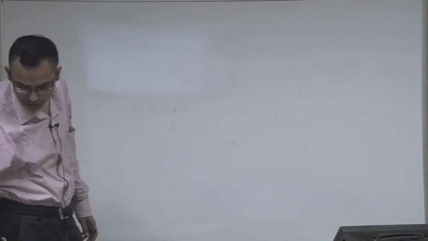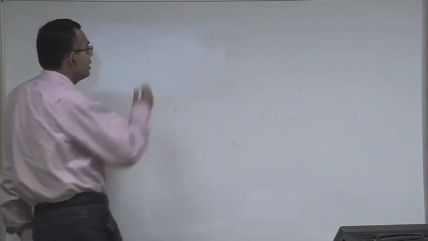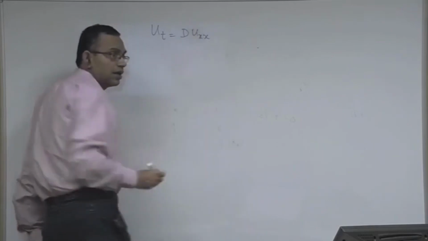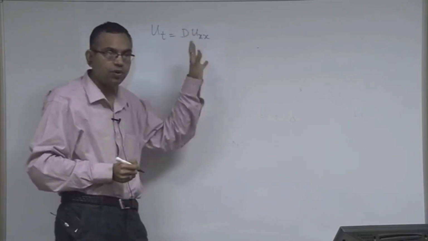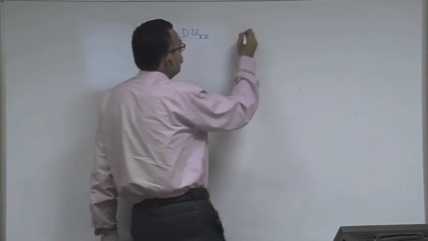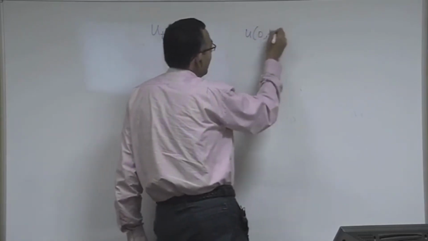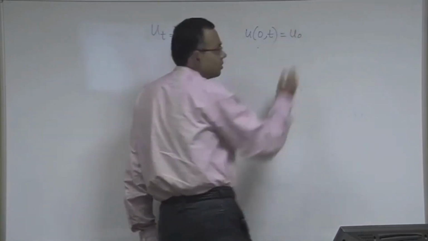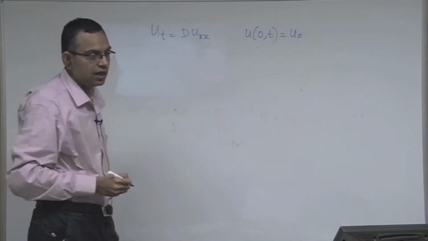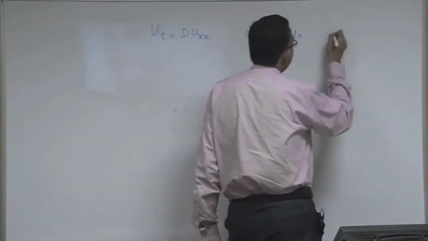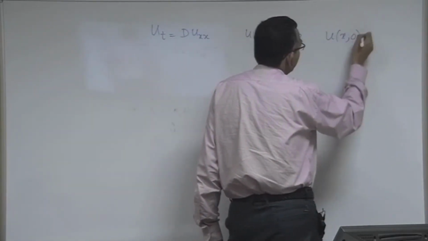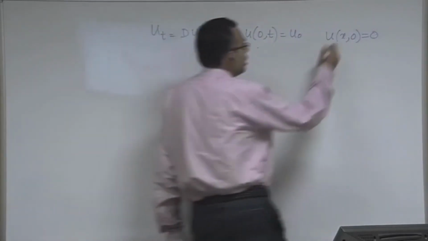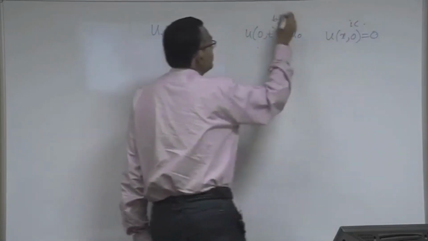So the definition of the problem is ut equal to d uxx. Now there is no delta function because it is not a point source, and u at x equal to 0 at time t is equal to u0, that is, you specify the concentration, and u at x for t equal to 0 is equal to 0. This is the initial condition, and the other is the boundary condition.